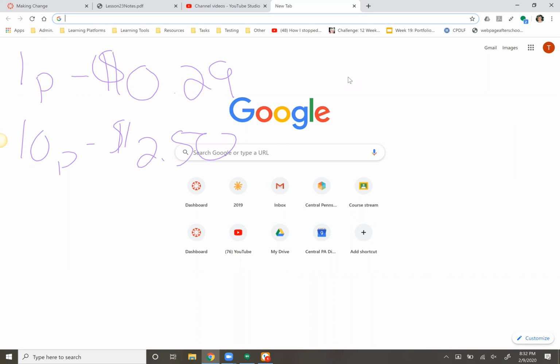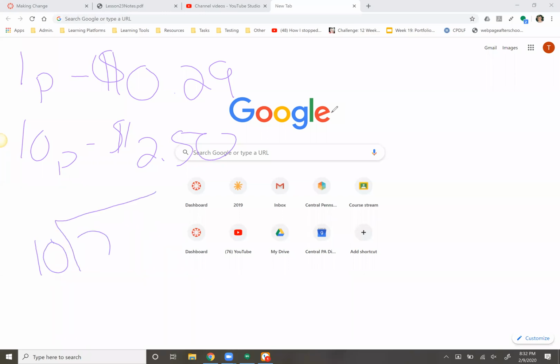So how can we go about this? Let's do some simple division. I gotta annotate again. Okay, so I'm gonna do 10 divided by 2, 5, 0, and decimal.